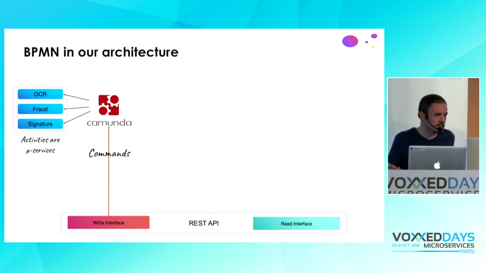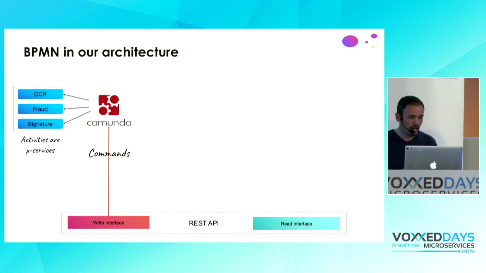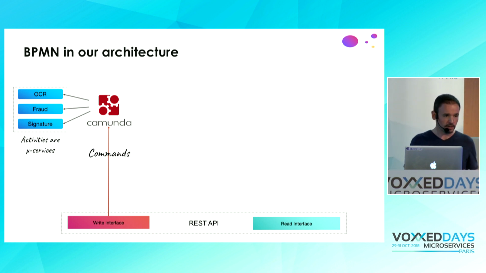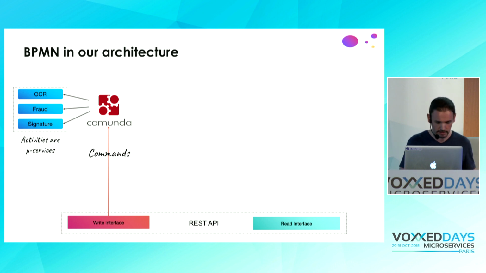I mean, we do digital onboarding, so we need to OCR our documents. Our fraud detection algorithms, or simply our signature services. Each and every one of those activities is a microservice deployed independently. By the way, we are in Kubernetes, which works great for us.